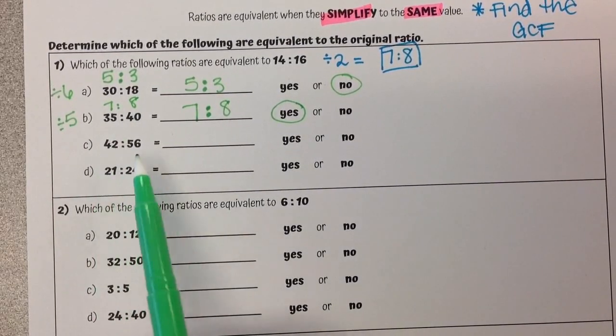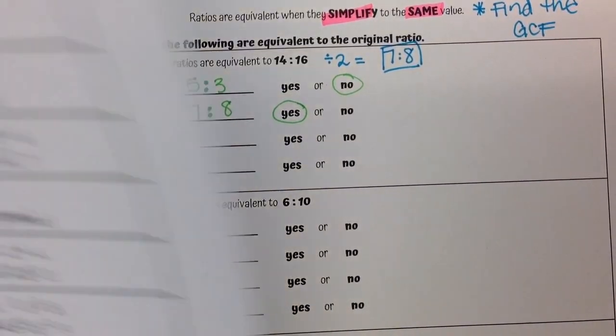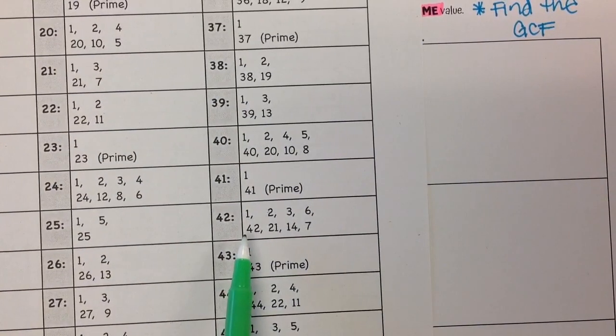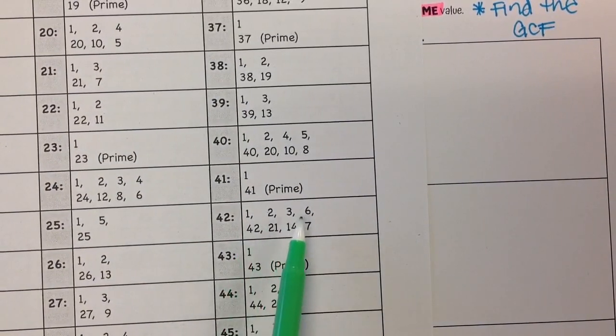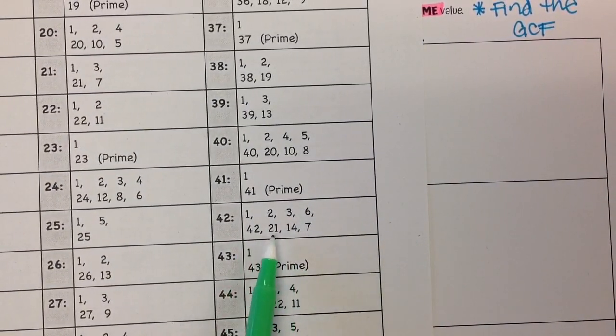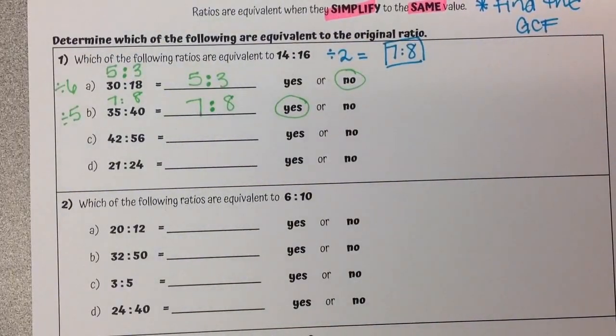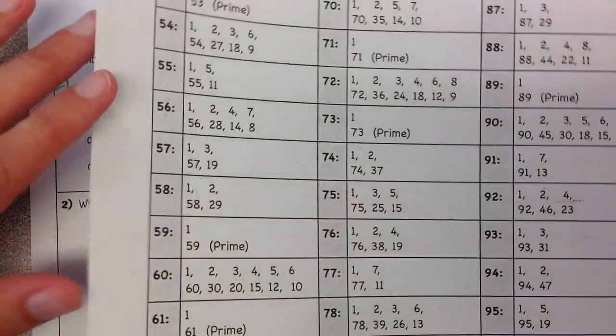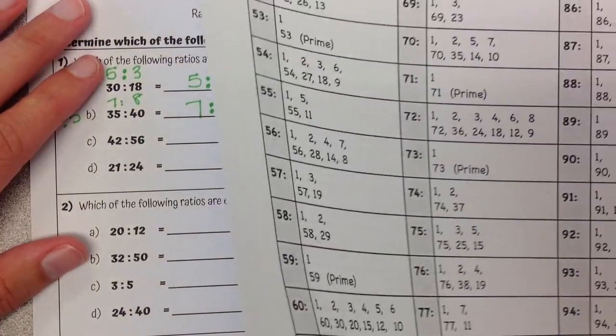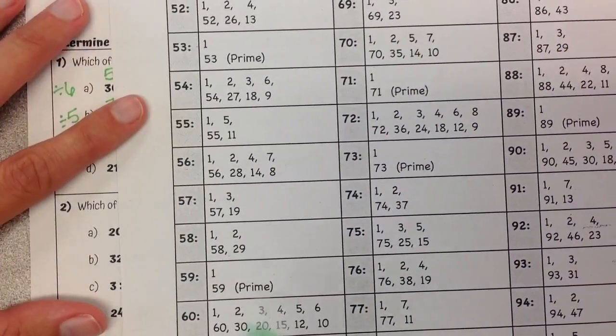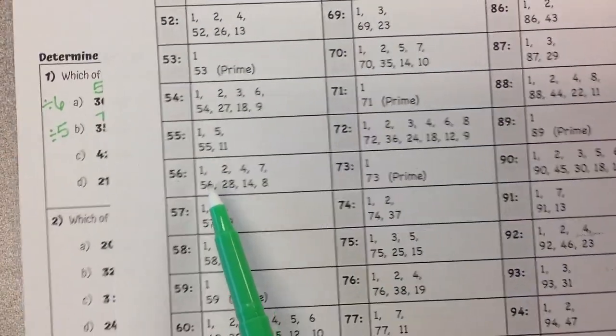All right, 42 to 56. So 42 is on the front. 1, 2, 3, 6, 7, 14, 21, 42. If it helps to write that on a separate sheet of paper so you don't have to keep flipping around, you can. The other number is 56. So they both divide by 1, 2, 4.